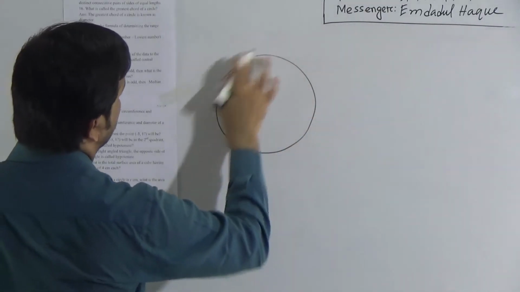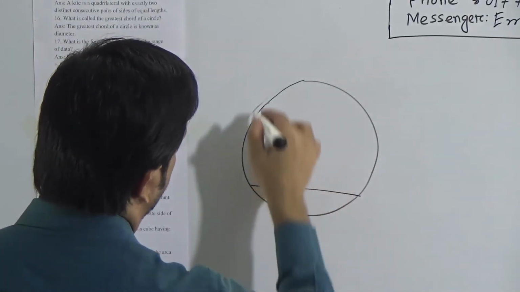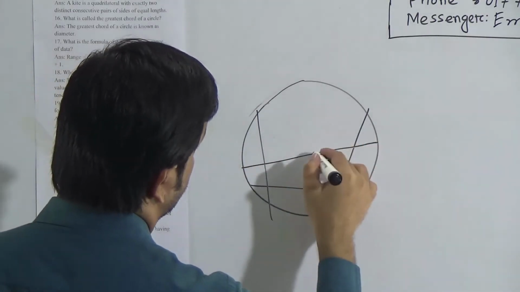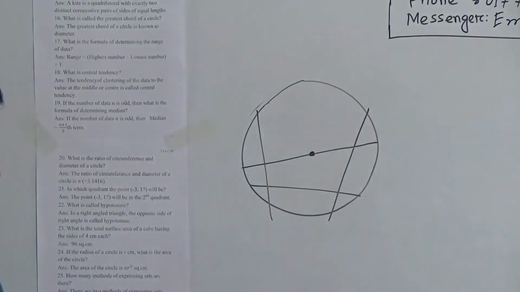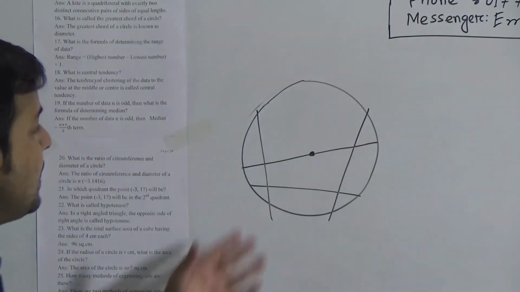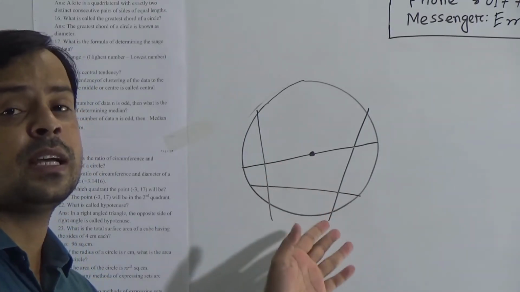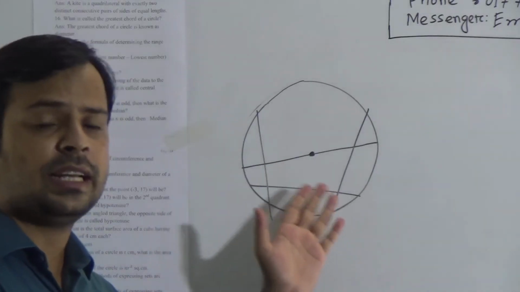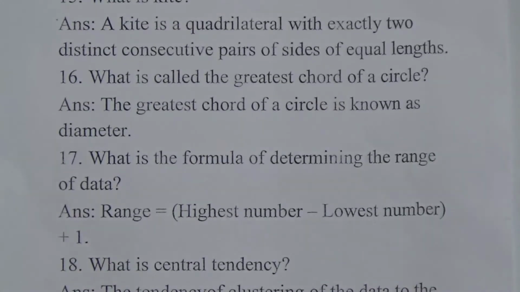Suppose this is a circle, this is a chord, this is a chord, this is a chord, but if the chord passes through the center, that time the chord will be the greatest chord, and the chord which passes through the center is known as the diameter. It means that the greatest chord of a circle is known as diameter. So we can say the greatest chord of a circle is known as diameter.